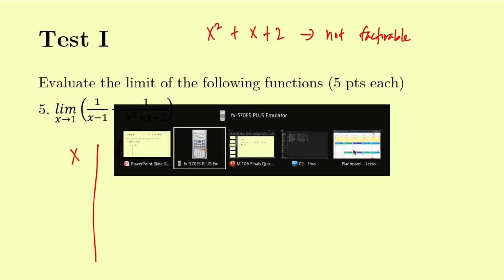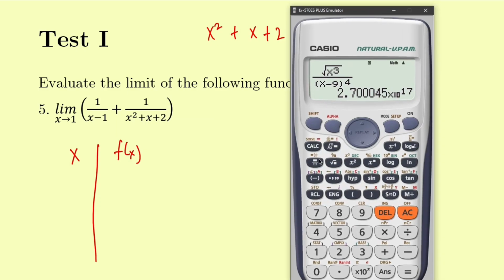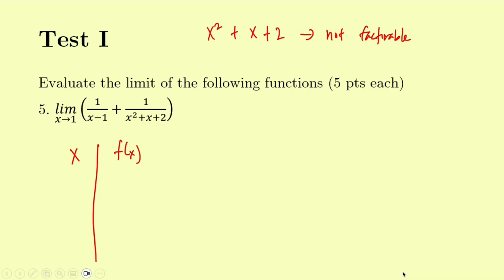Let's use a calculator. 1 over x minus 1 plus 1 over x squared plus x plus 2. And then let's try values close to 1: 0.9, 0.99, 0.999, 0.9999.